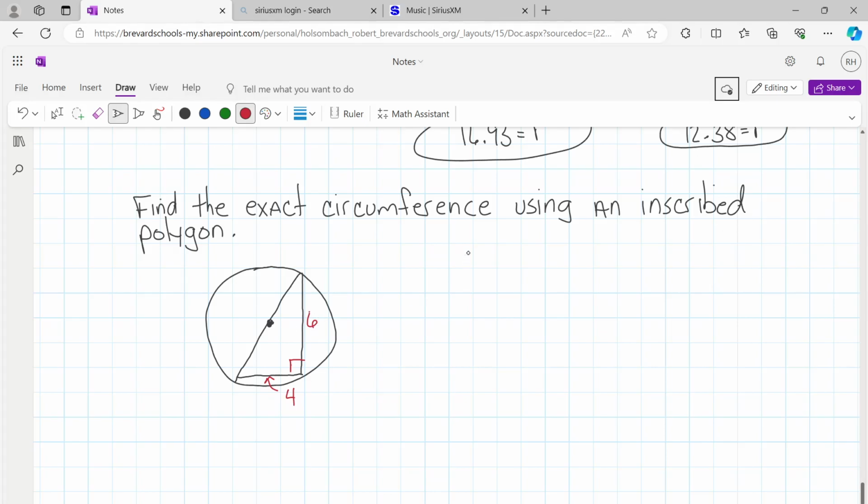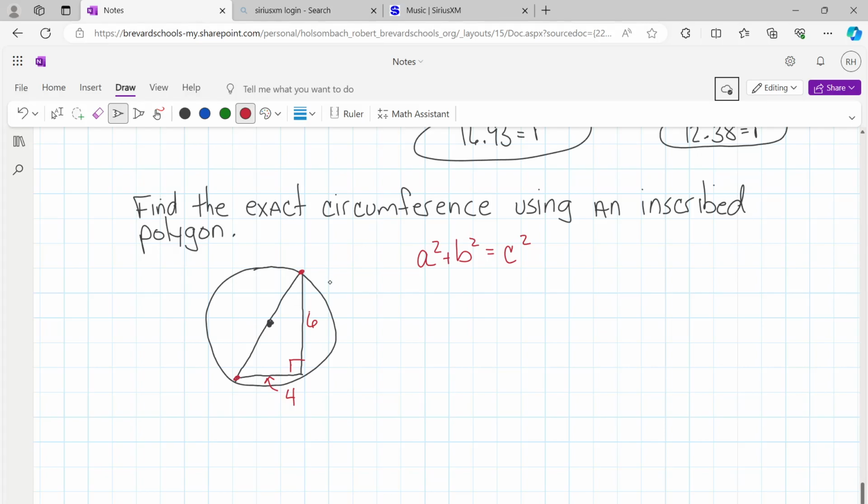And in any right triangle, a squared plus b squared is equal to c squared. All right? And what our c squared represents is this hypotenuse. And what the hypotenuse represents is the diameter of this circle. And with the diameter of this circle, we can find the circumference.